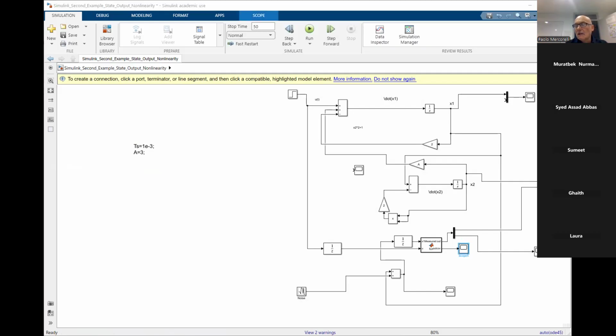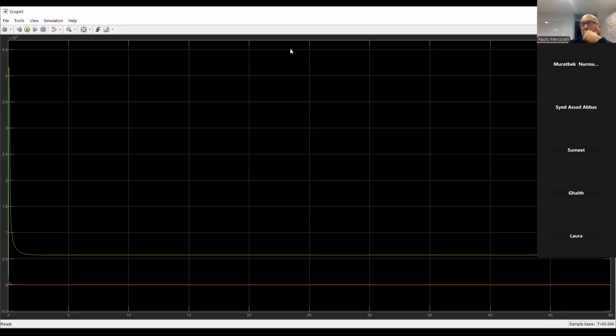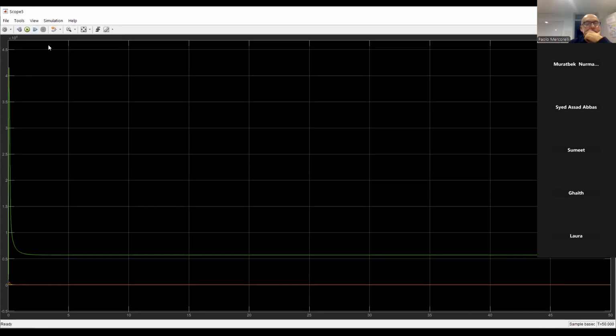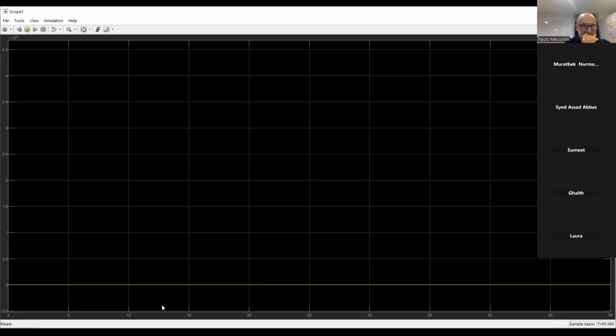Okay, let me show you if I'm able to view the legend. Okay, we can see here, no? Here the estimation of x2.